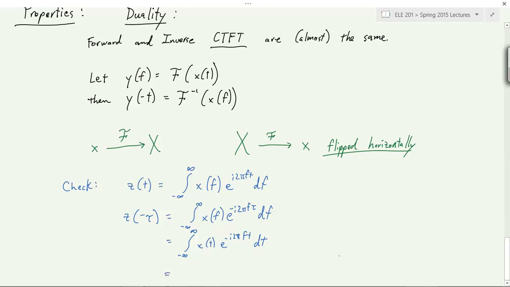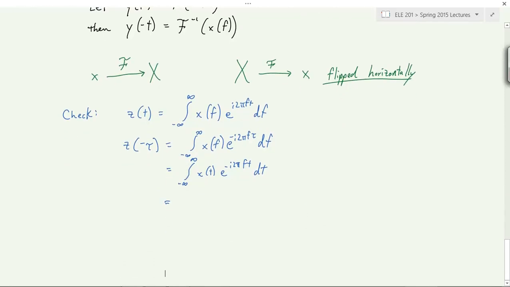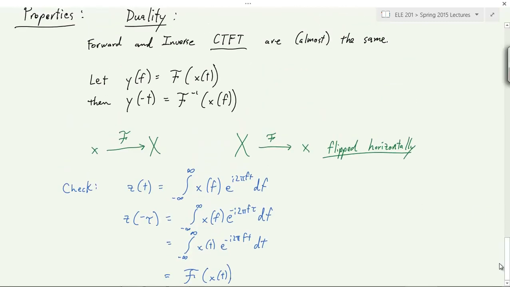And so that is simply the Fourier transform of x of t. Okay, so z was the inverse Fourier transform of x of f, and we're saying that when you flip it in time, you get the forward Fourier transform of x of t. So that proves our duality statement.